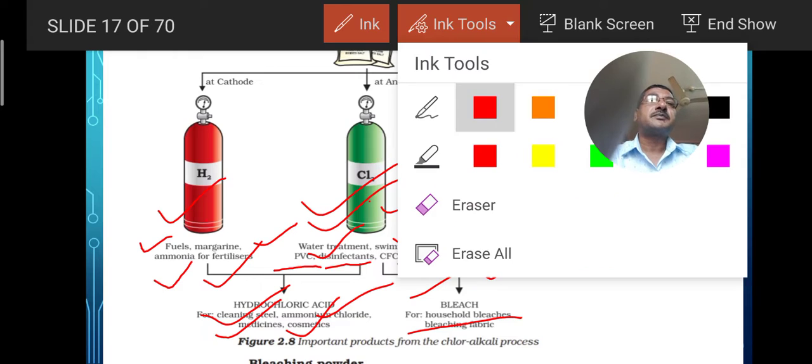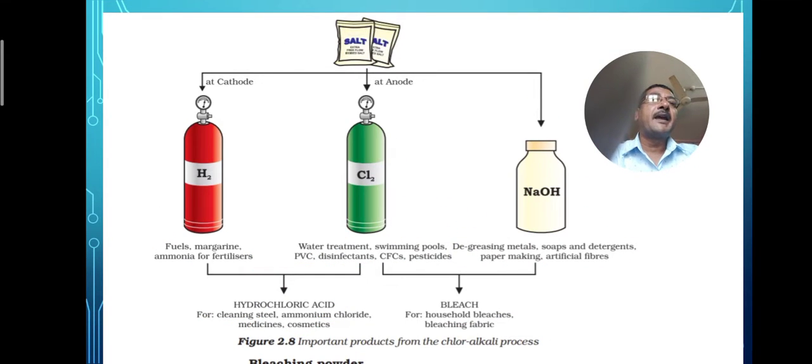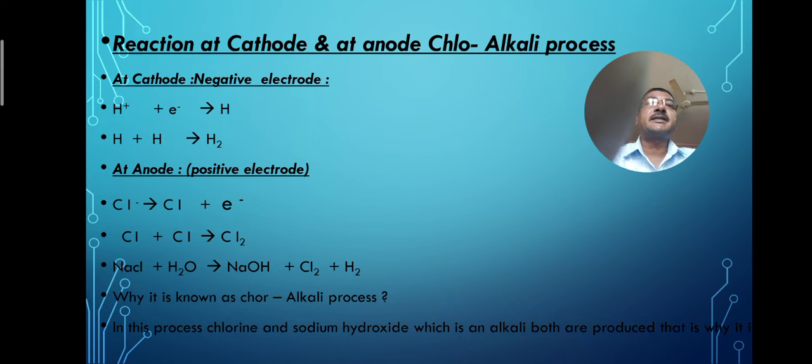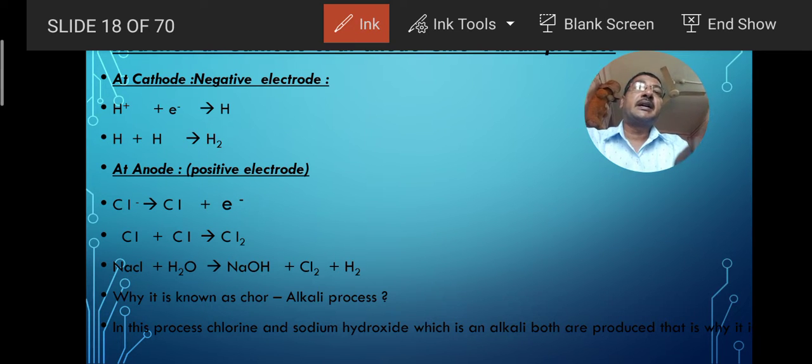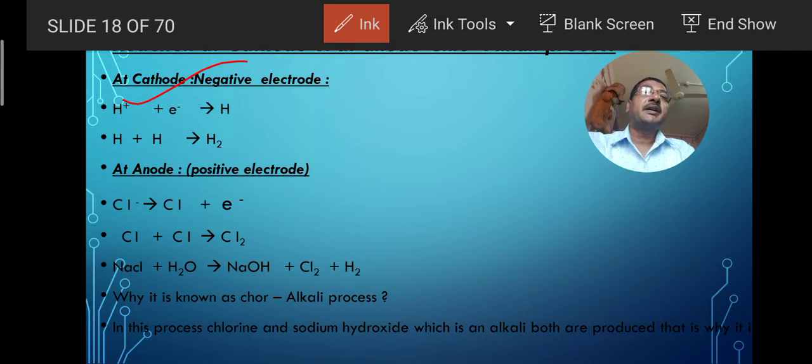Now come to another slide: what reaction takes place at the cathode and the anode during the chlor-alkali process. Number one is the reaction taking place at the cathode.